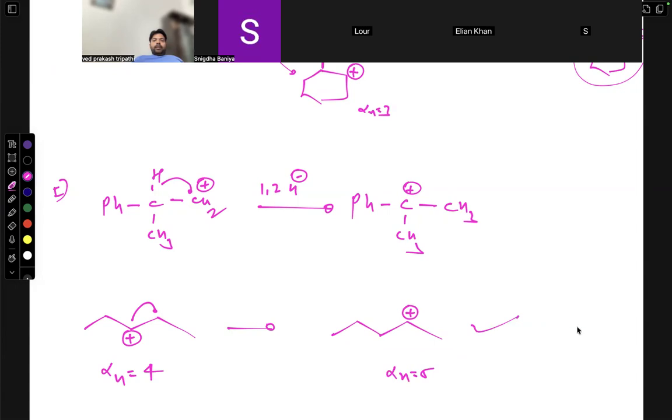So it means rearrangement can take place. Which shift is it here? It could be either side, right or left. Both sides have the same number of alpha H, 5. So this is called a hydride shift. Make sense? Any doubt? All done?